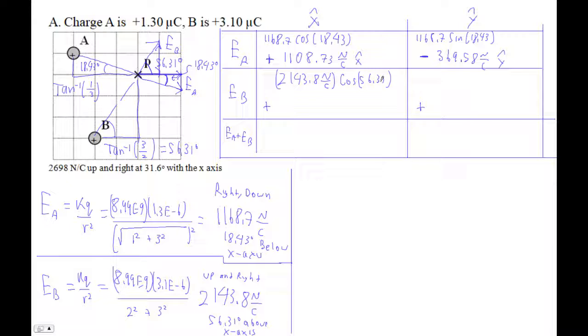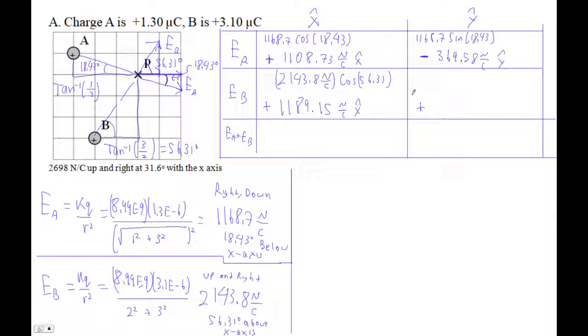There it is. Cos, and then I got to go up and find that 56.31. There it is. Got it. 1189.149, I'll say 0.15. And that's newtons per coulomb in the X direction.